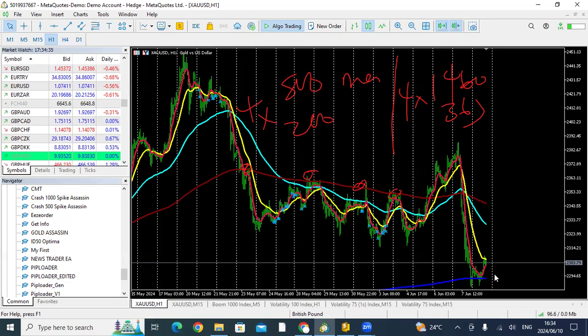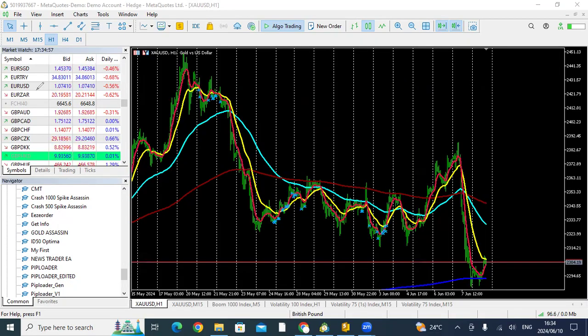If you see there, the market of gold moved on this day down and then bounced on the 1460 moving average, which is now an important aspect of your trading as a moving average trader, right? You would want to make use of that.